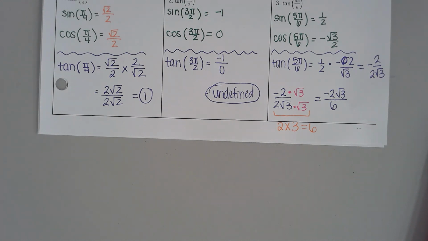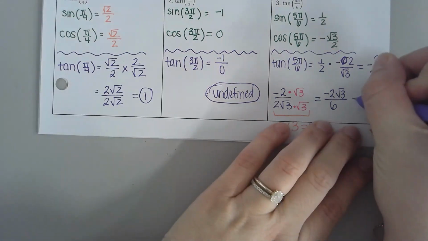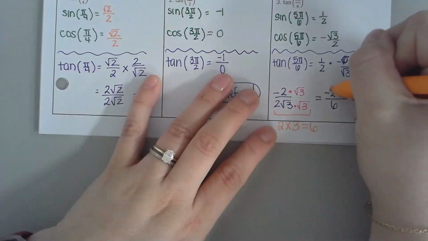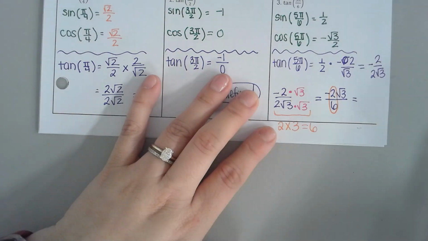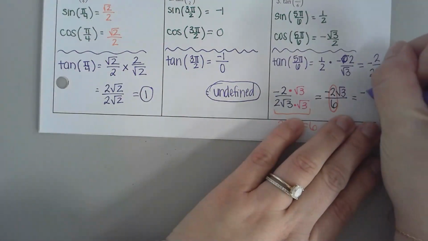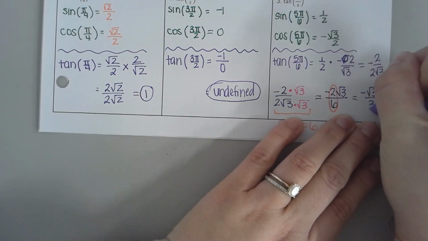Square root of 20 times the square root of 20 is 20. So square root of 3 is 3. And that 2 in the front made it 2 times 3, which is 6. And this one can be simplified. The 2, 6. So it's negative square root of 3 over 3.